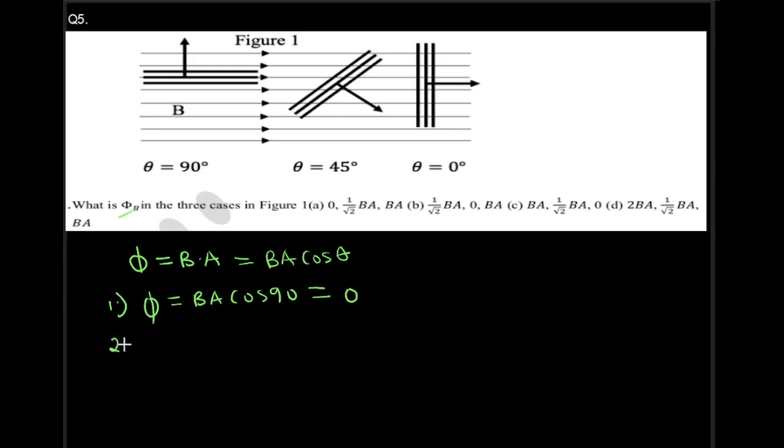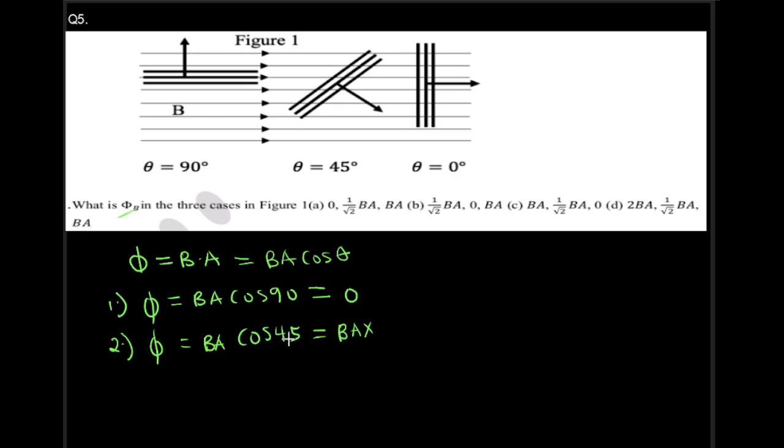And then for number 2, we have theta to be 45 degrees. So we have BA cos 45, and cos 45 is 1 over root 2.